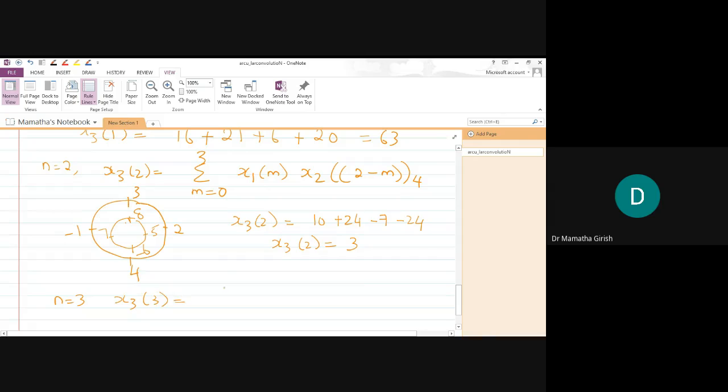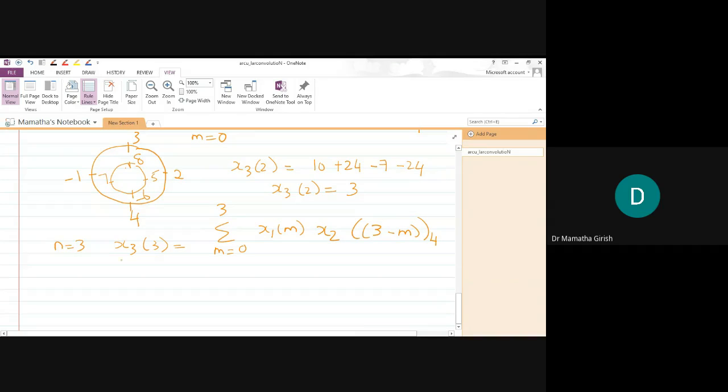Lastly, for the last sample, n is equal to 3, the last shift we must do. x3 of 3 is nothing but summation small m varying from 0 to 3, x1 of m multiplied by x2 of 3 minus m modulo 4. What you must do is, again, the outer sequence will remain as it is: 2, 3, -1, and 4.